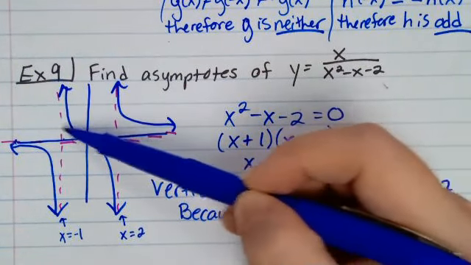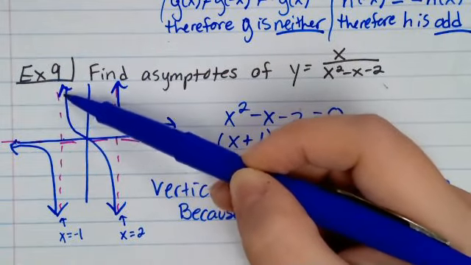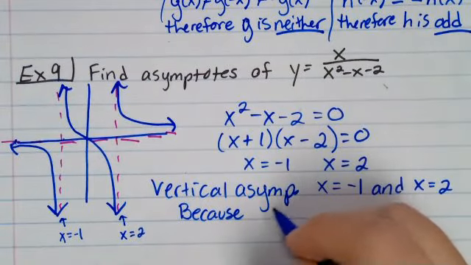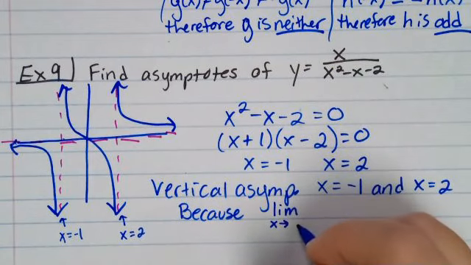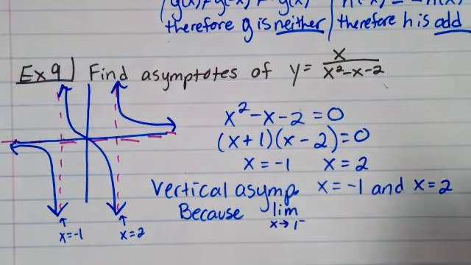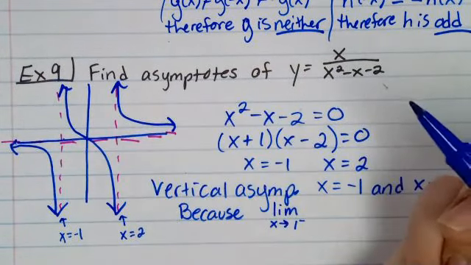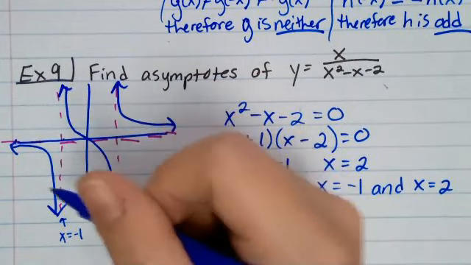As x is approaching this -1 dashed line, do you see how the graph is going up, up, up, up forever? It's never stopping. So because we have a limit, as our x is approaching that -1 from the left, okay, so this is from the left. Oops, sorry, no, this is from the left. Gotta know my left and right, huh?